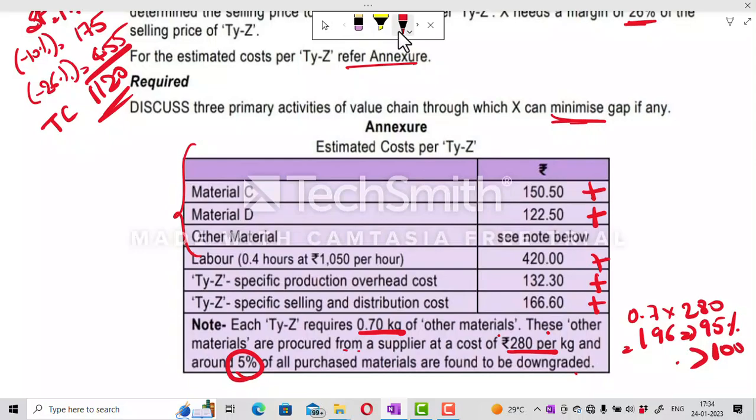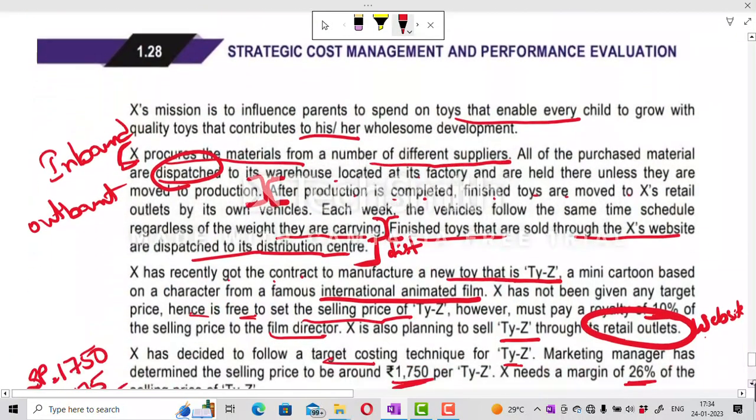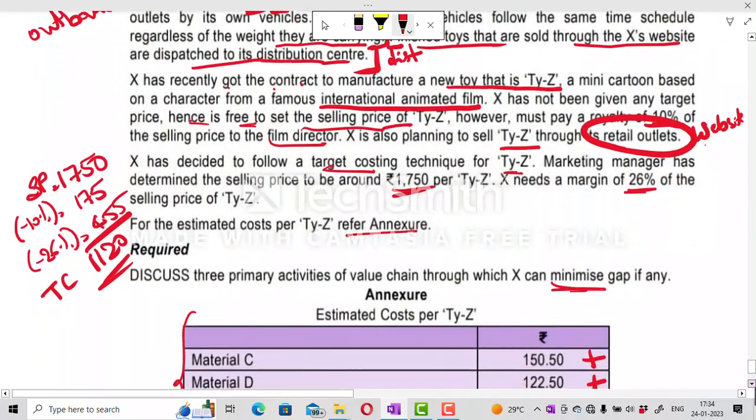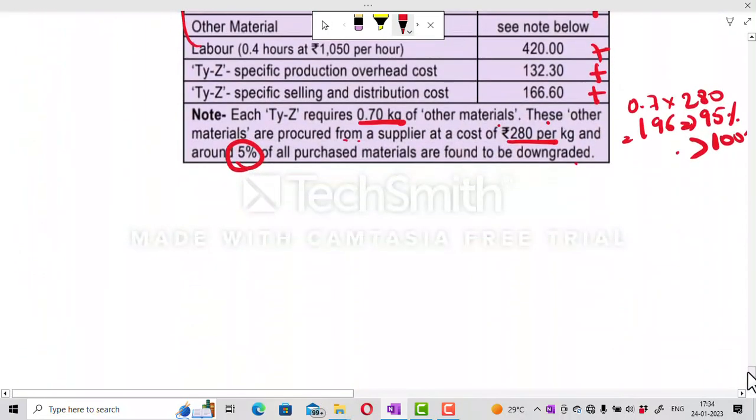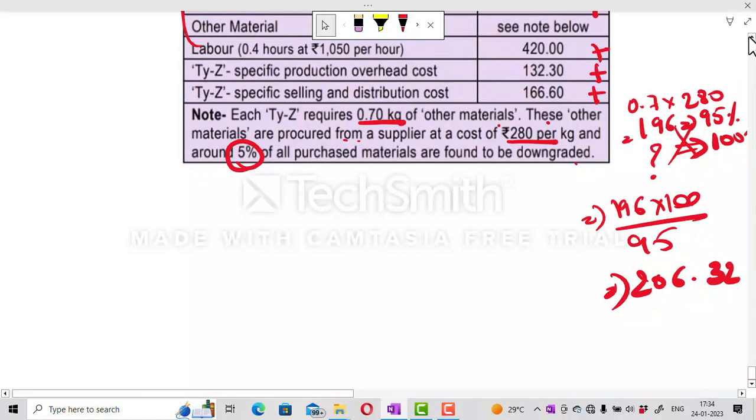For 100%, what will be the cost? Then 196 into 100, cross multiplication by 95. What is the cost? 206.32.